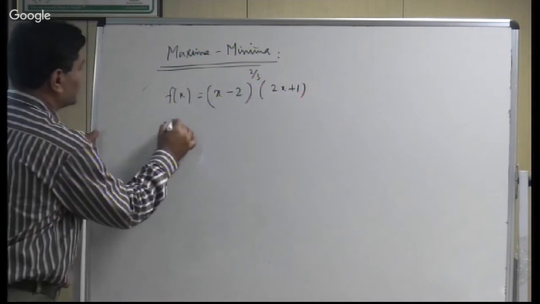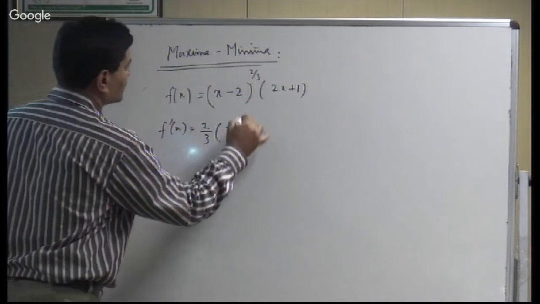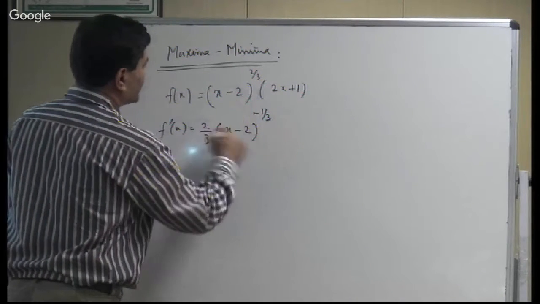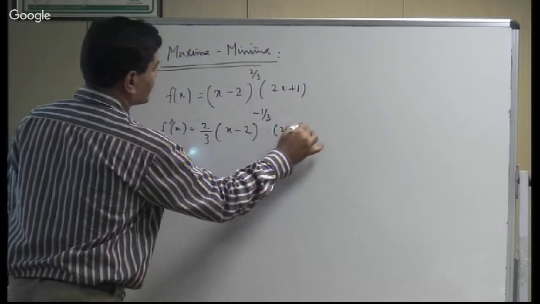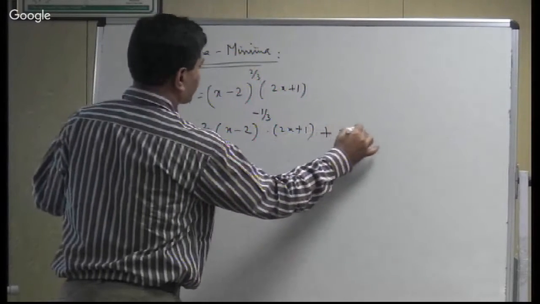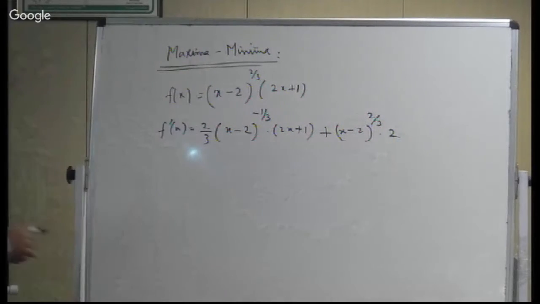f dash x is equal to, I'm differentiating the first, second as it is. Now simplify this.